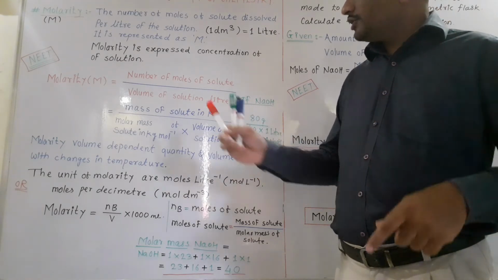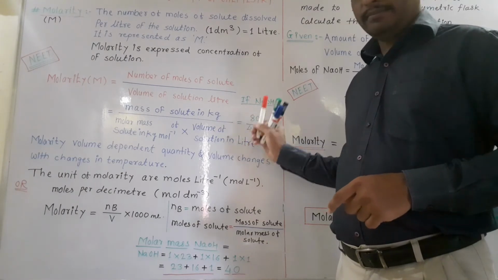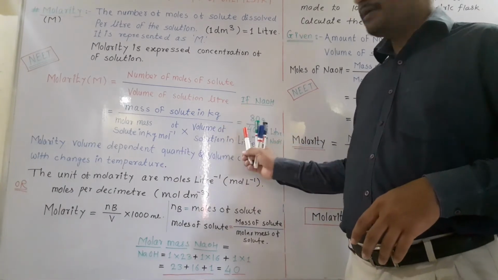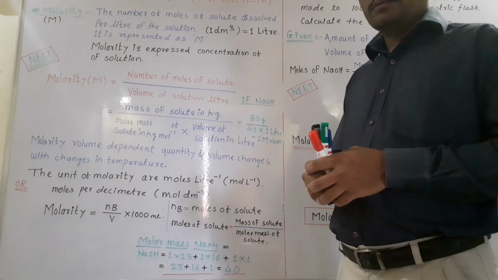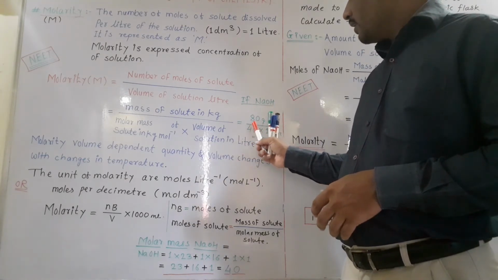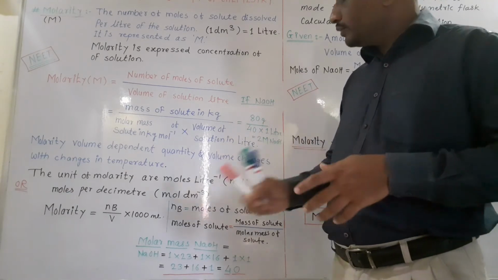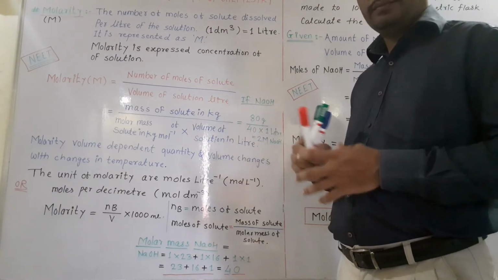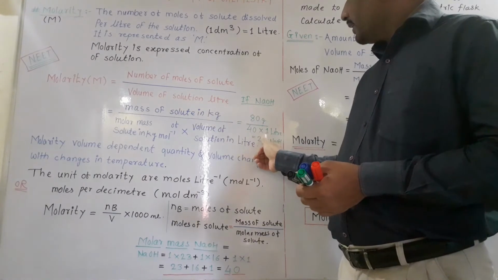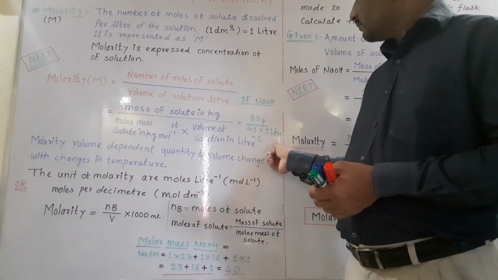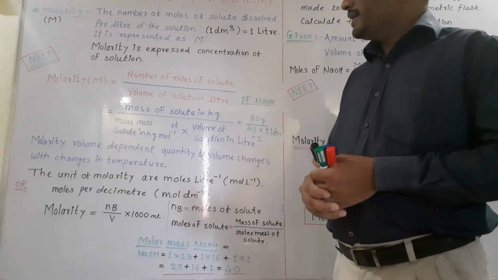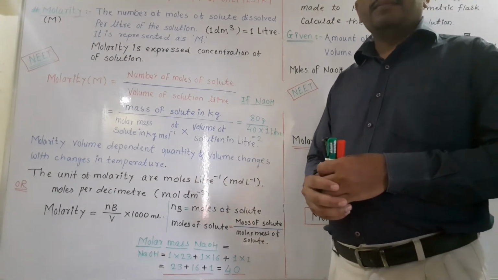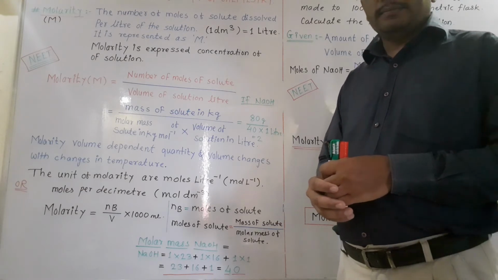The mass of NaOH is 80 gram, and molar mass of NaOH is 40. 80 divided by 40 gives the number of moles of solute as 2.